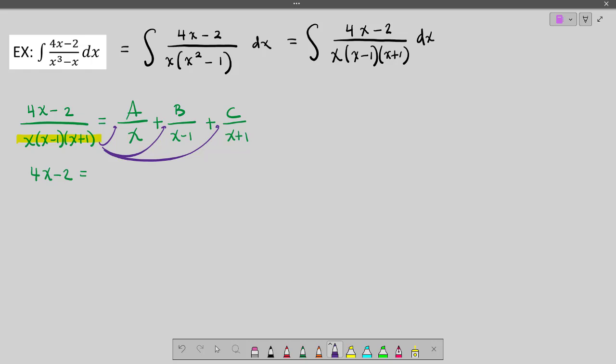And so you're left with a multiplied by x minus 1 times x plus 1. When you multiply it by the second fraction, the x minus 1's cancel. So you're left with b times x plus 1. And when you multiply it by the third, the x plus 1's cancel. And you're left with that. So there is our reduced PFD equation. We cleared the fractions.